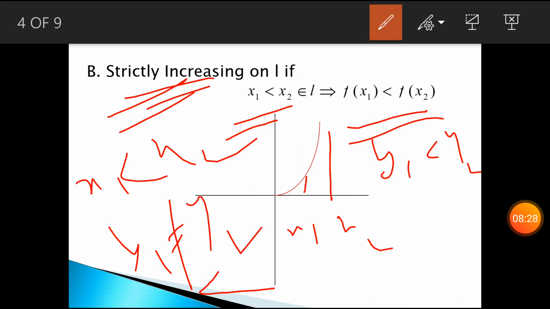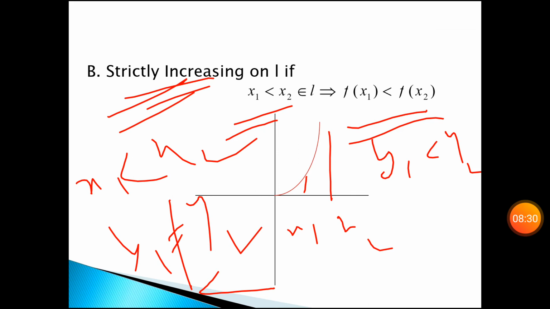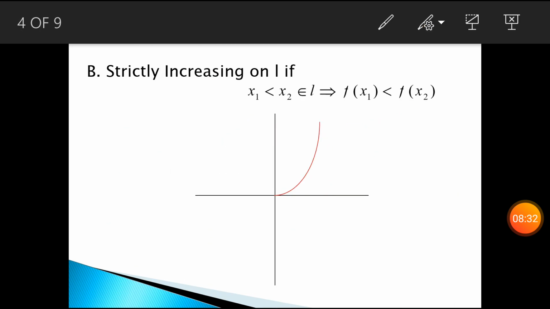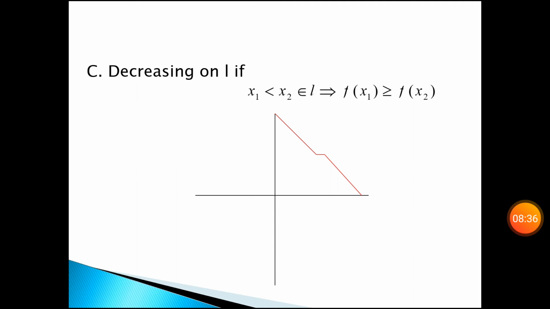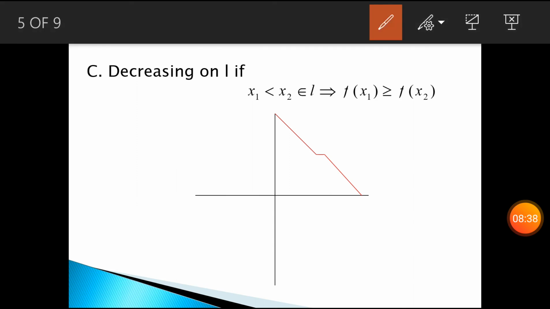Okay, now the third case. What is the third case? Third case is about decreasing. Decreasing means if x1 less than x2, as you know, in decreasing, one is increasing, one is decreasing. So if x1 less than x2, it means f(x1) can be greater than or equal to f(x2).